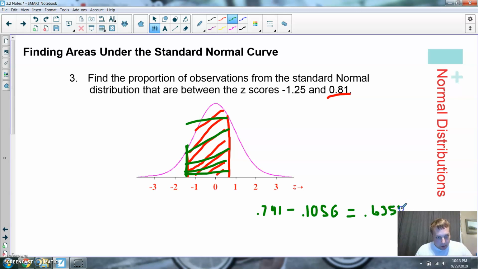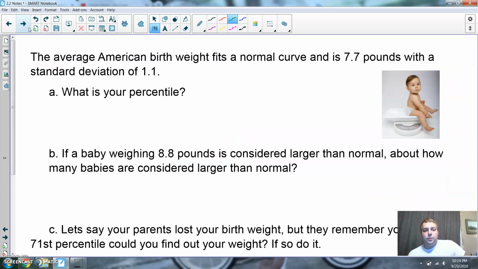0.6854. Okay, I've got about a minute before my video goes. All right, so this is the general nuts and bolts of how to do z-scores. What I would like you to do is try the birth one. Try figuring out this birth thing.